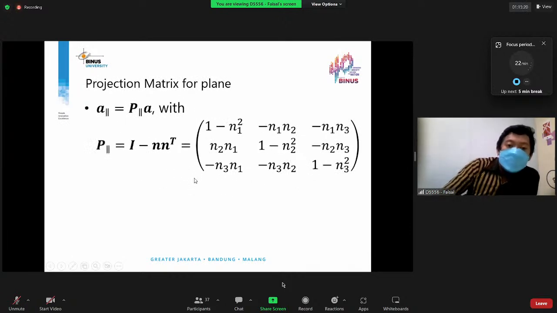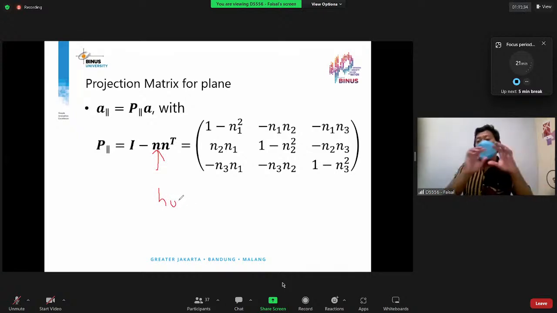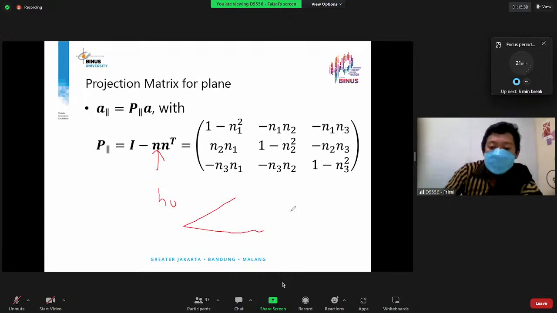Okay, this is the projection matrix for a plane. Oh, sorry, the symbol n. This means the normal vector, the vector orthogonal to the plane. So n is like this.